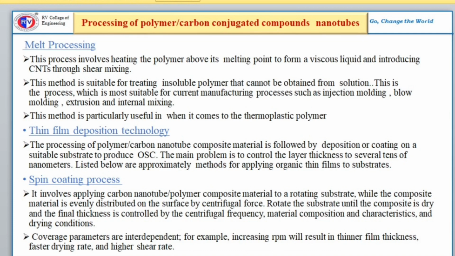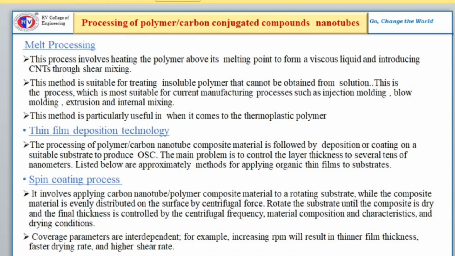It involves applying carbon nanotube polymer composite material to a rotating substrate. The composite material is evenly distributed on the surface by centrifugal force, and we need to rotate the substrate until the composite is dry, and the final thickness is controlled by the centrifugal frequency. Material composition and characteristics are also to be noted down.